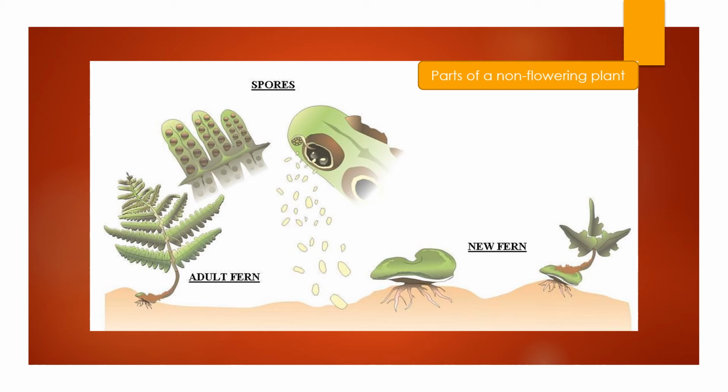From an adult fern, it produces spores on the underside of the leaves. The spores spread out when mature and become a new baby fern plant, and it starts growing and growing to be an adult fern, because fern plants have no flowers.